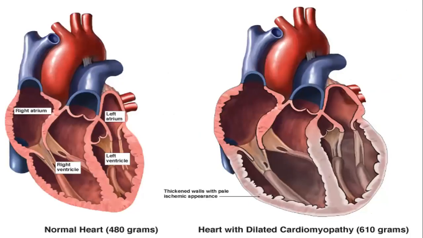Now let's come to the cardiac muscle hypertrophy. Exercise such as endurance running can increase the size of the heart as a result of hypertrophy of individual cardiac muscle cells.